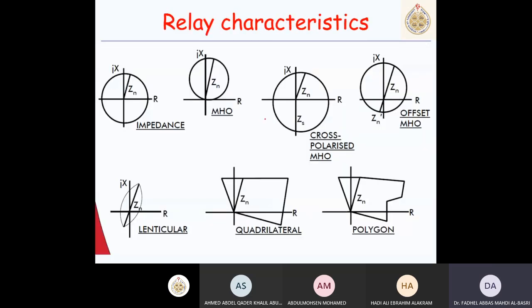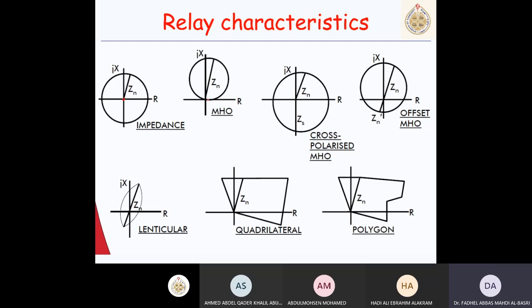There are different types of trip characteristics used in distance relays. One of them is the impedance characteristic. This impedance characteristic is a circle centered at the 0 point here. This is the RX plane.